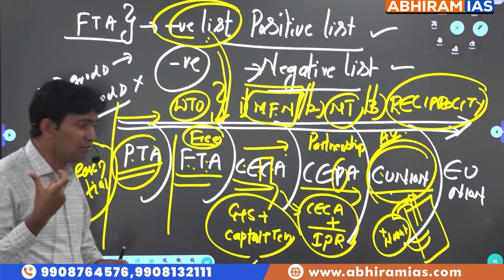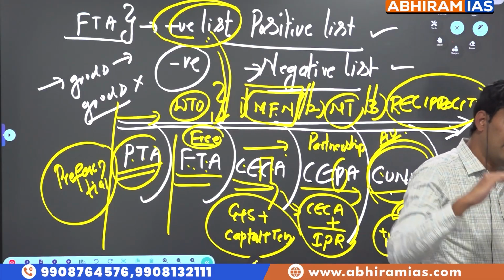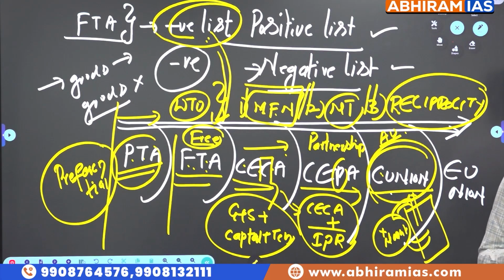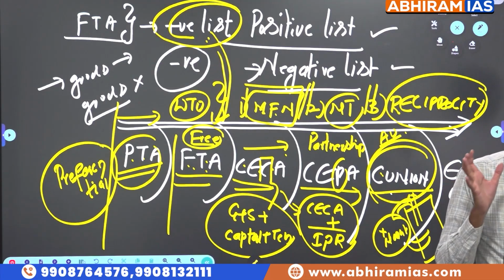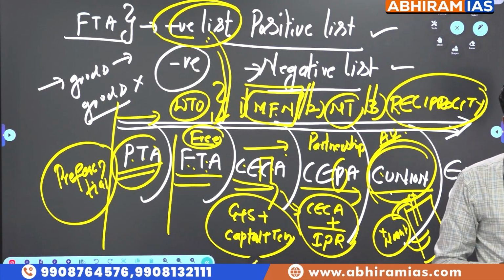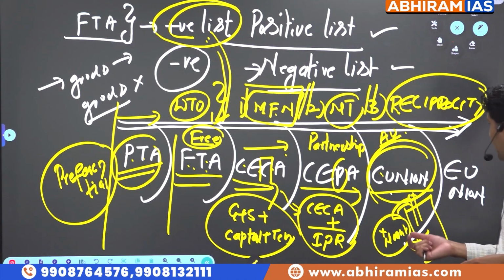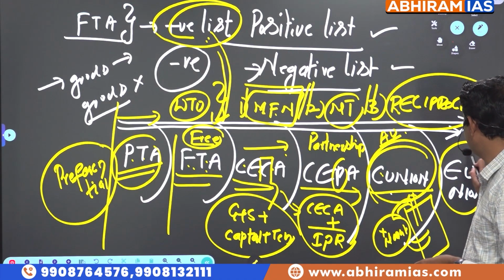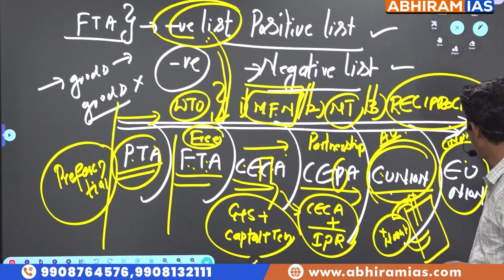When African Union is trading with the rest of the world, among the African countries, duties are zero. But for the rest of the world, together as a group, they are fixing the duties, which is called Customs Union.